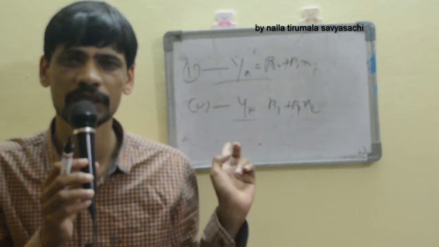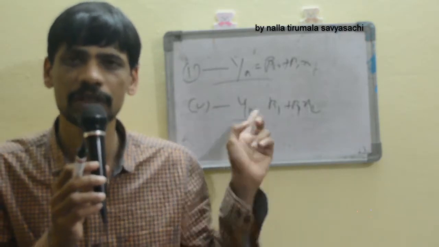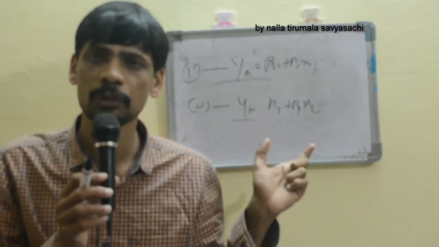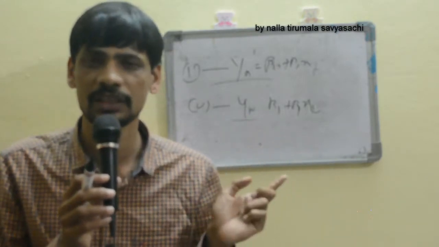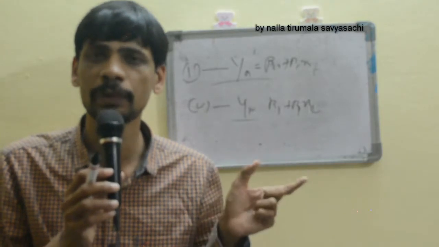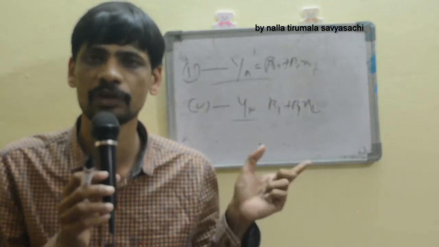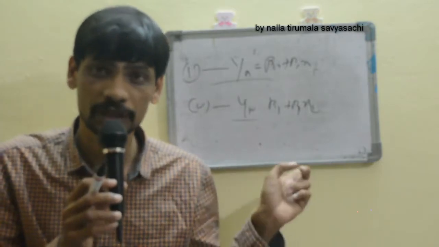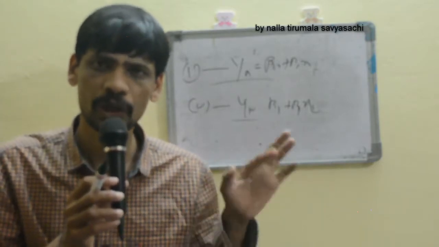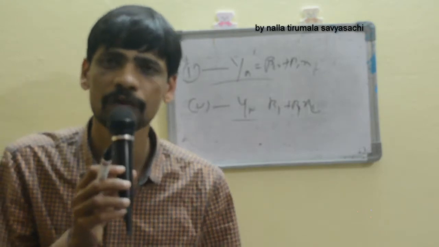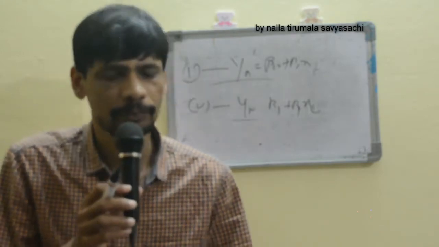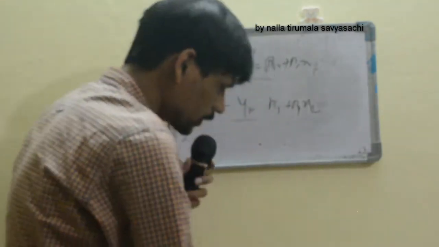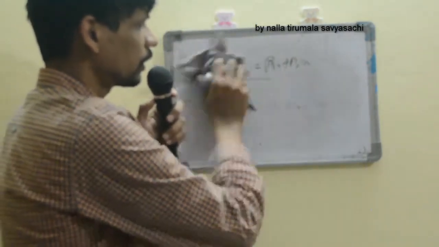Once you calculate this standard error for each independent variable, then the independent variable for which the standard error is less, only that one we will consider while doing our multiple regression equation. Other independent variables we can ignore basically.